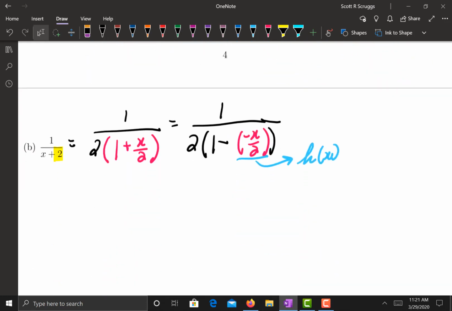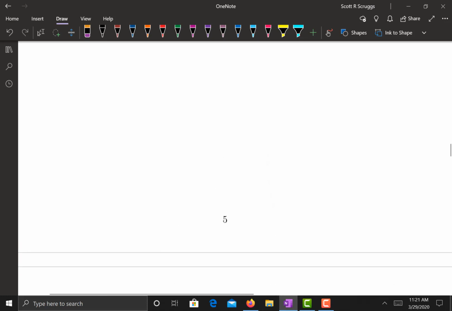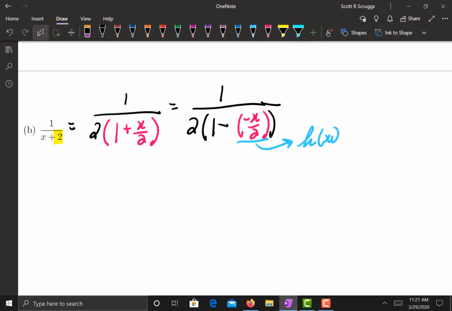So I'm now going to use part 3 of the theorem to rewrite. And so with that, I get 1/2 times the series, k goes from 0 to infinity, not of x to the k, but I'm now doing a composition, negative x over 2 to the kth power.